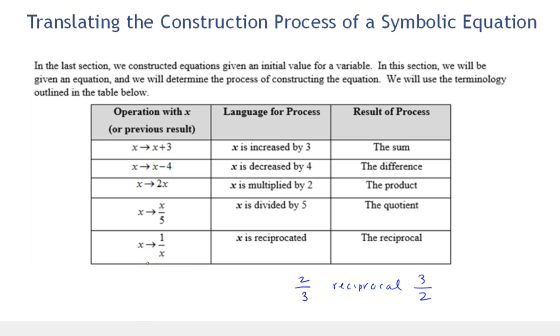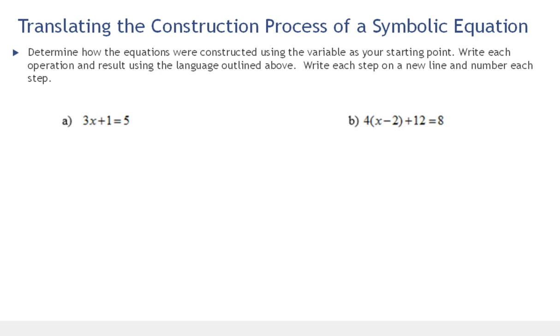So the idea is, if you have x over 1, reciprocating it gives you 1 over x. Remember there's always a 1 under there if we need it, so we can rewrite this as 1 over x. So when we perform this process, we will say that x is reciprocated, and we will call the result the reciprocal. Okay. So now let's get started.